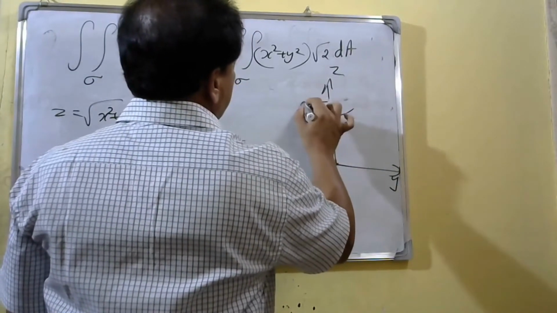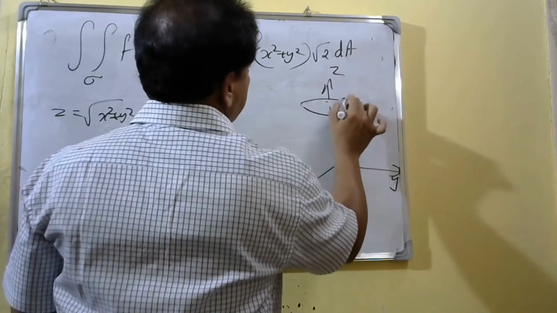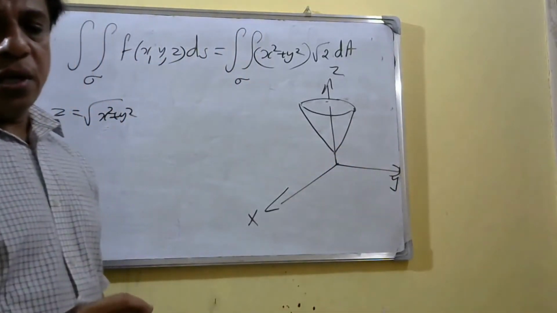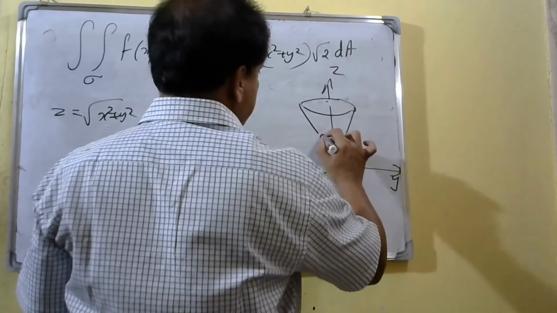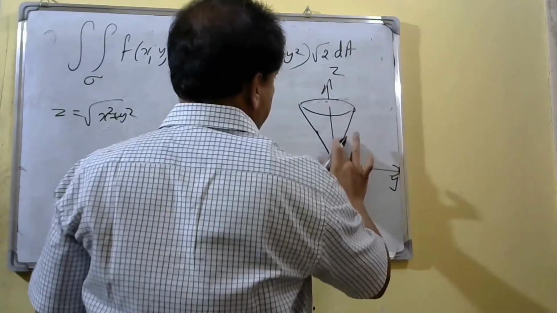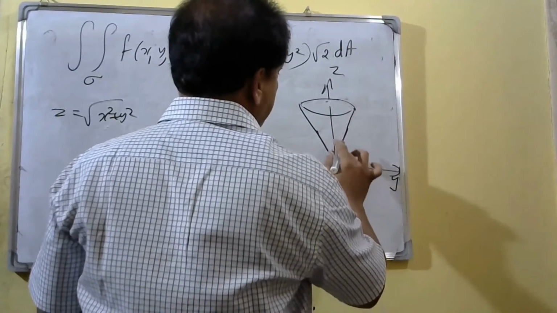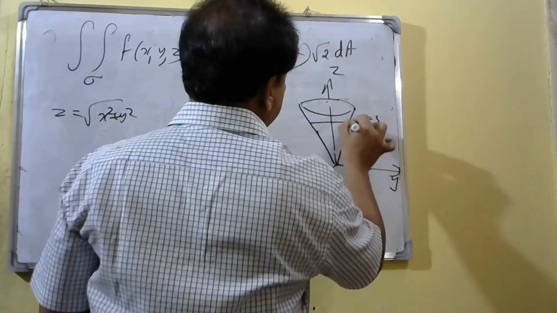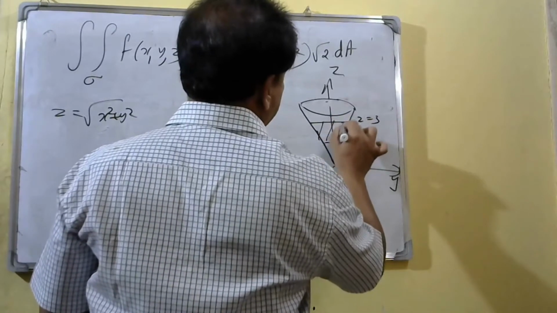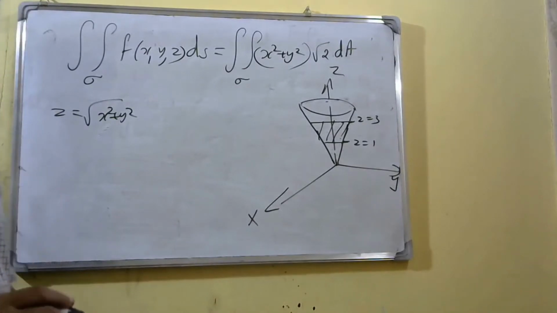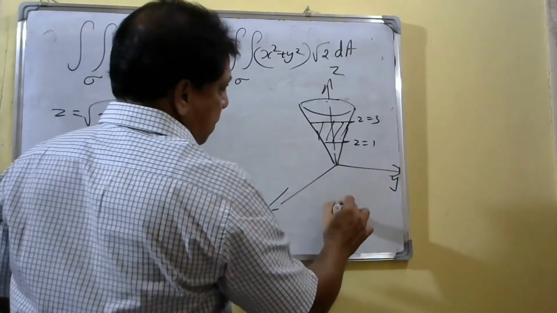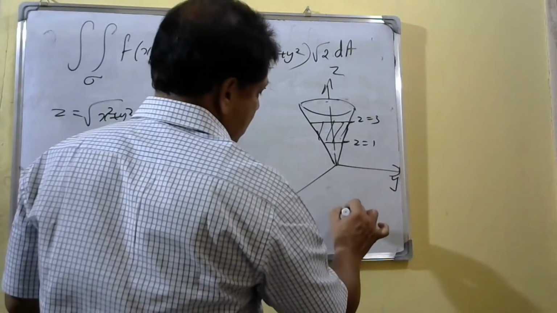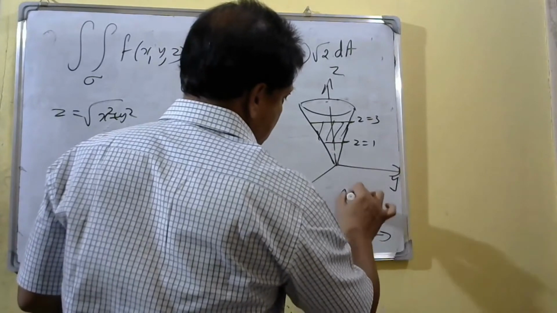This is the cone. Here z equal to 1 and z equal to 3. We take this portion. When we project this on the xy plane, this is the xy plane.